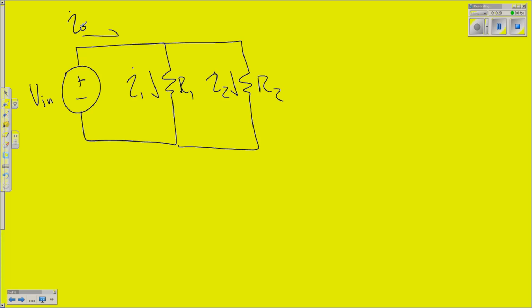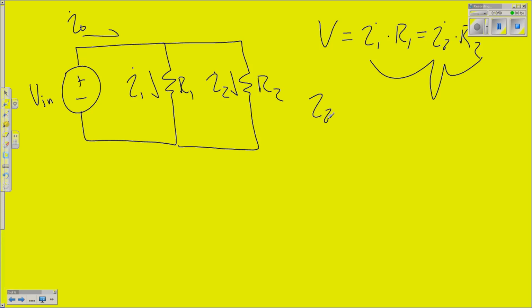So let's use that. Let's set up our equations first. We know the voltage, Vin, is going to be equal to I1 times R1, and also equal to I2 times R2. And we can rearrange this to look like I2 equal to I1 times R1 over R2.